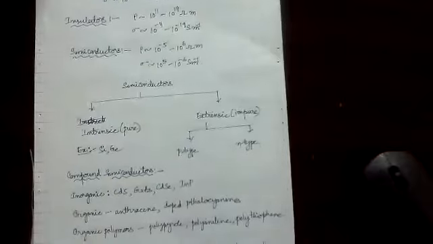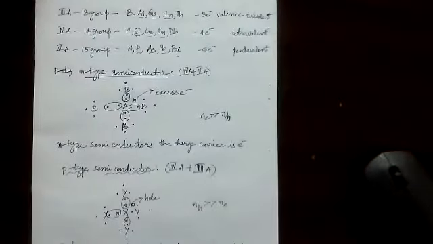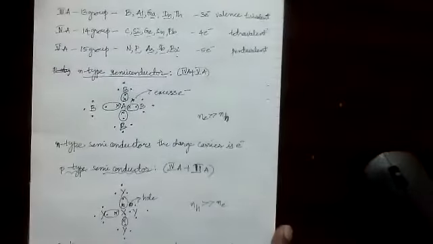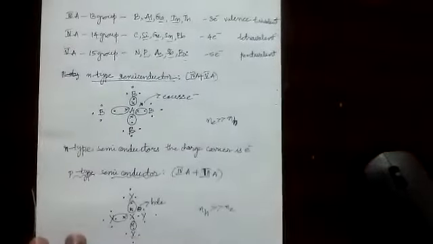Now we have the valence band and conduction band. So how do we form them? We need the third group element, the 13th group element.